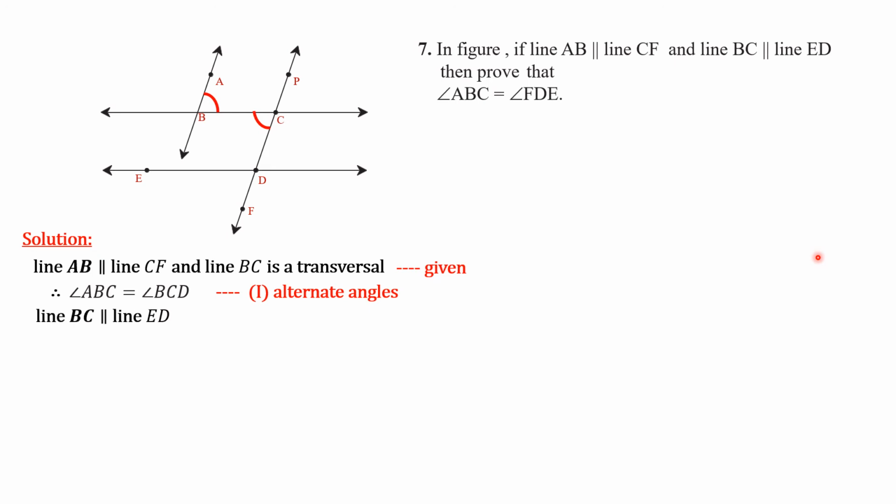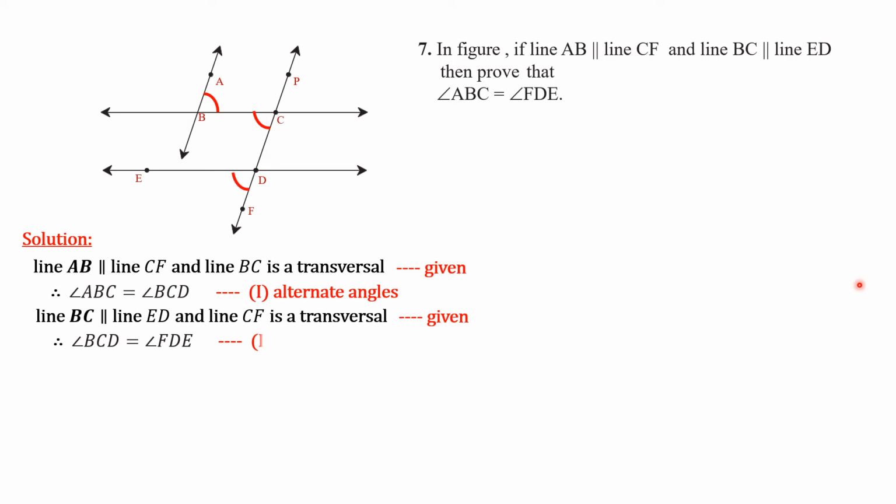Line BC parallel line ED and CF is a transversal. This is a given. Now observe the figure. This angle BCD is equal to angle EDF. These two angles are corresponding angles. Therefore, angle BCD is equal to angle FDE.